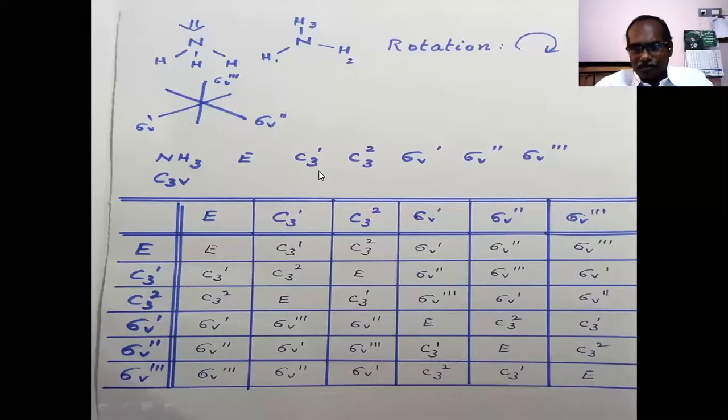Now look. This is the ammonia molecule. This is how we usually represent it.